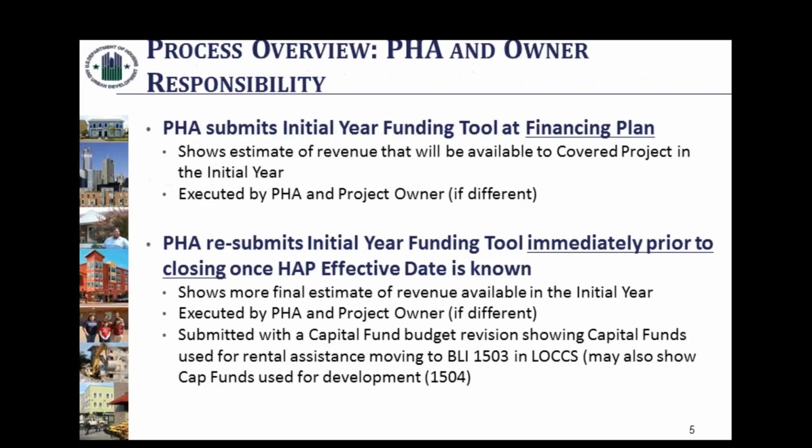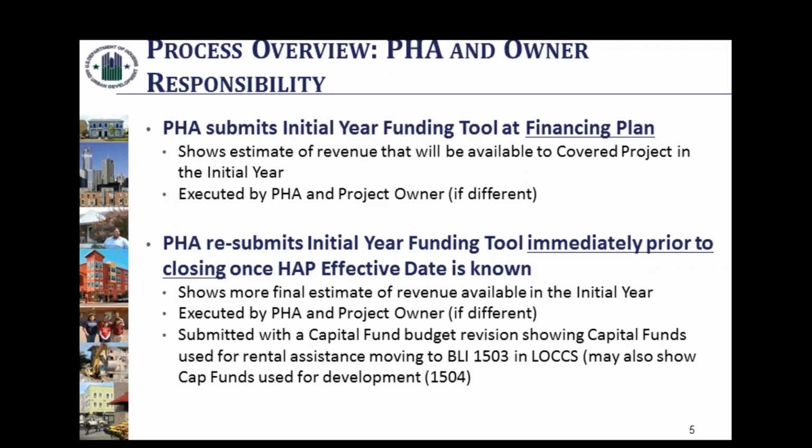Okay, getting to process. First, at the financing plan, the PHA would submit the initial year funding tool, and this is an overview of the process. The PHA submits the initial year funding tool, and the real purpose of that submission is to make sure that key parties involved in the transaction, i.e. the PHA and the project owner, get this initial year funding difference.